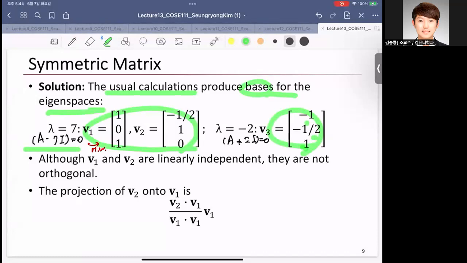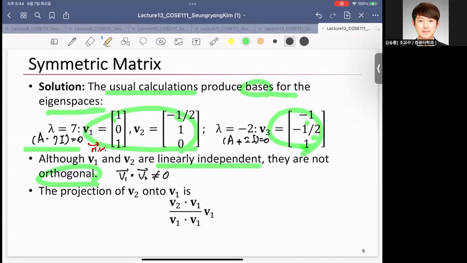First, we already know V1 and V2 are linearly independent, because they are a basis for the eigenspace. But they are not orthogonal. So what does it mean? In this case, the inner product of V1 and V2 is not equal to 0.